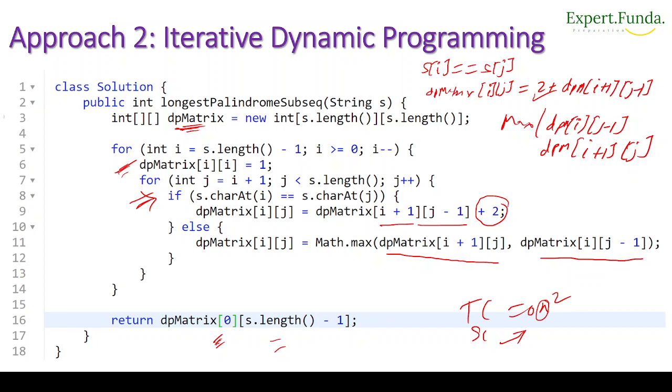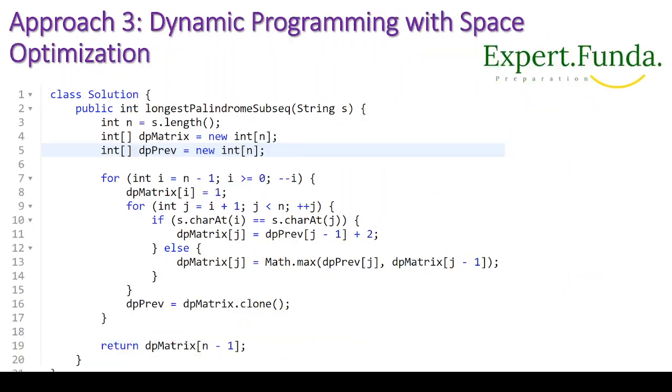Now we will understand dynamic programming with the space optimization approach, right? So here we have already seen that if both characters are same, s at i and s at j, both are same, right? So we will store in the dp matrix 2 plus dp of i plus 1 and j minus 1, right?